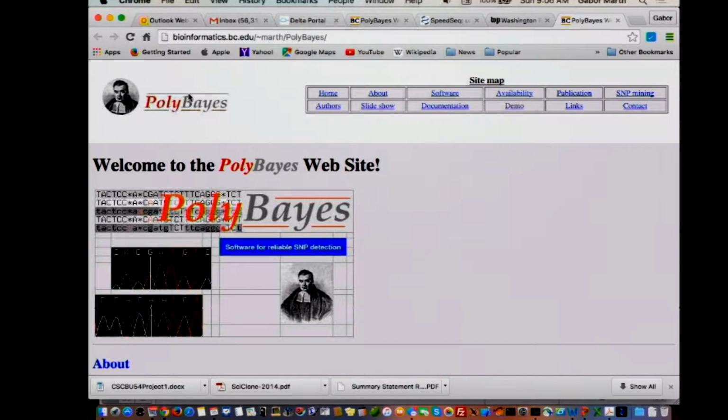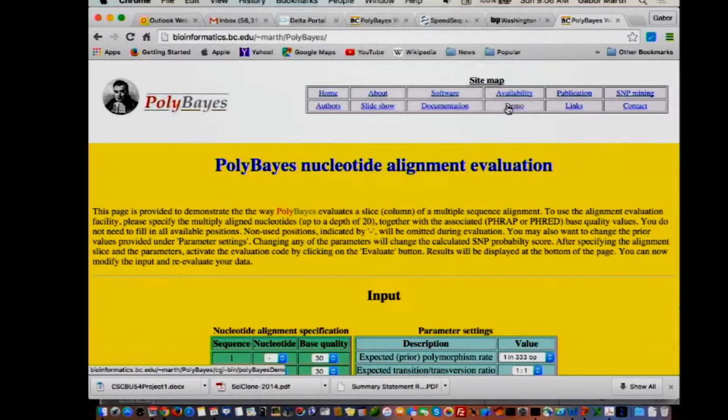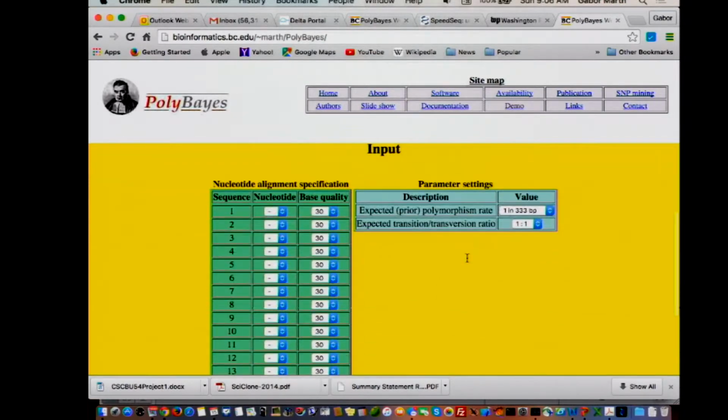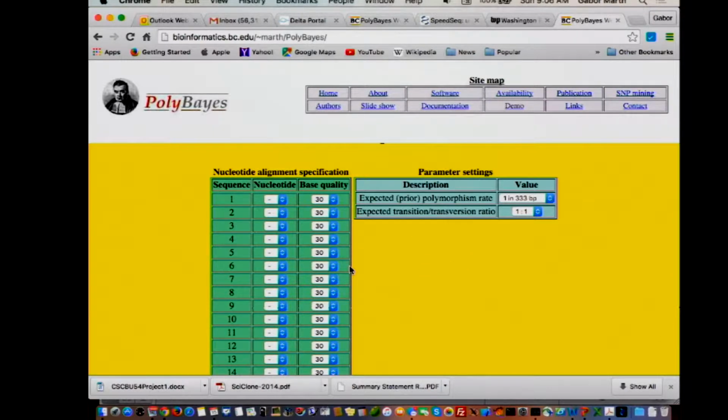This guy here has a little demo, and the idea is that you can go and say, okay, assume that this is sort of a slice of the alignment, and then you say, okay, suppose that I have a C, I have another C, and then I have a T, and then another T, each of them base quality value 30.